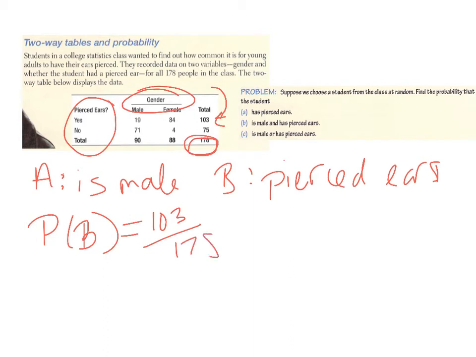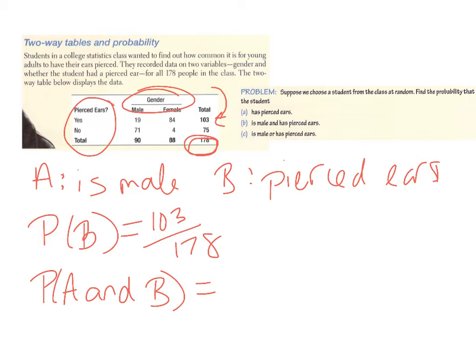which is 178. Part B of the problem says we're looking for a male who has pierced ears. So we're looking for them to have both of these things at the same time. The probability of event A, that they're a male, and that they have pierced ears. So we're looking for the intersection. These are not mutually exclusive.